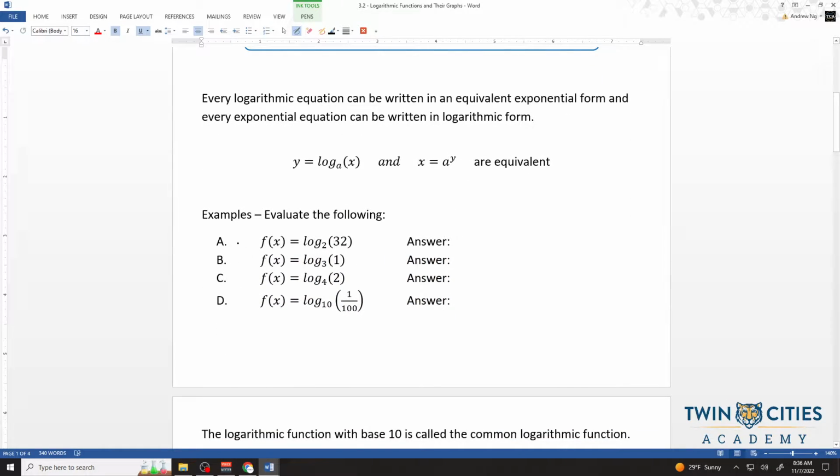As an example, let's take a look at these four here. I want to evaluate the following. F of x equals log base 2 of 32. Well, I don't really have a way to answer that as it is, and when I look at my calculator, I've got some log buttons, but these are really log base 10.